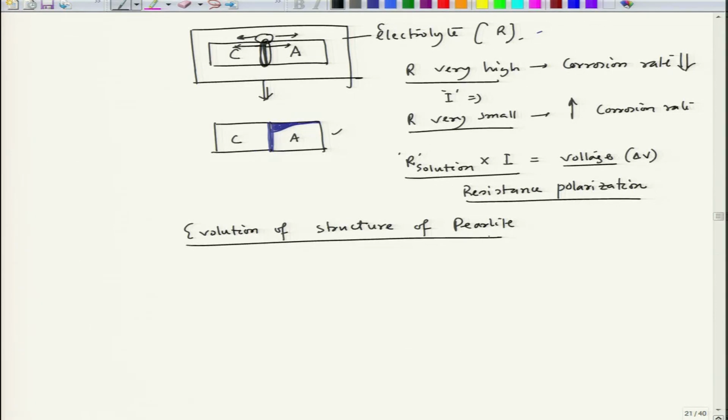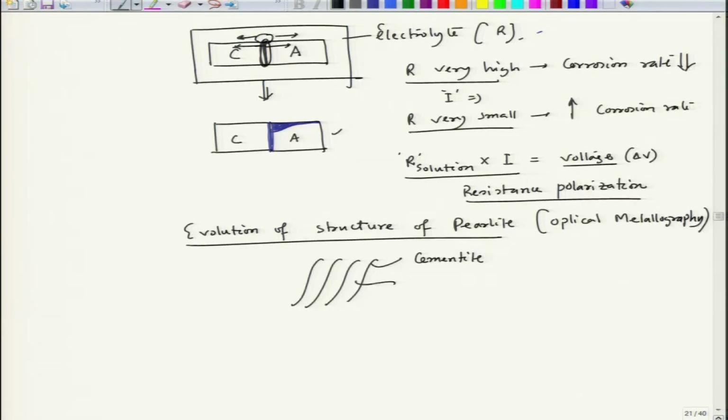And of course, optical metallography. So, when we do optical metallography, we will have a typical microstructural pattern. It is a lamellar microstructure where these black regions are cementite and these white regions are ferrite, which is nothing but alpha, and this is Fe3C.